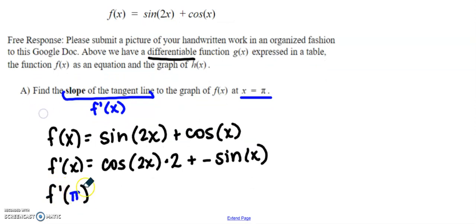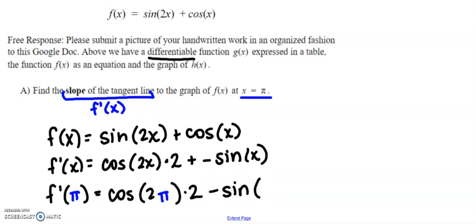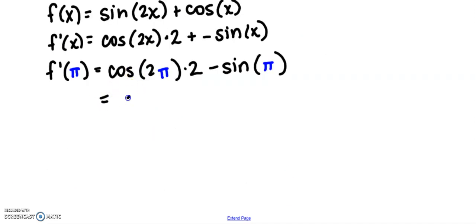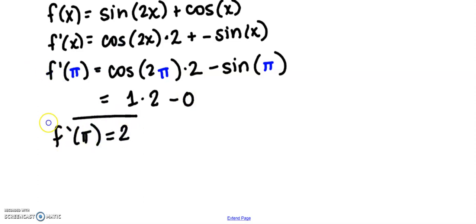F prime of pi is going to be equal to the cosine of 2 pi times 2. All right, so in cleaning up this answer, the cosine of 2 pi is 1, times 2. So we get that f prime of pi is equal to 2.